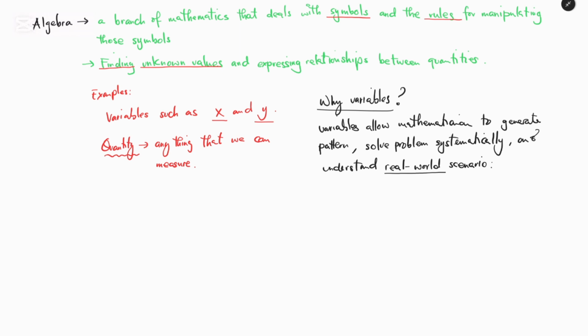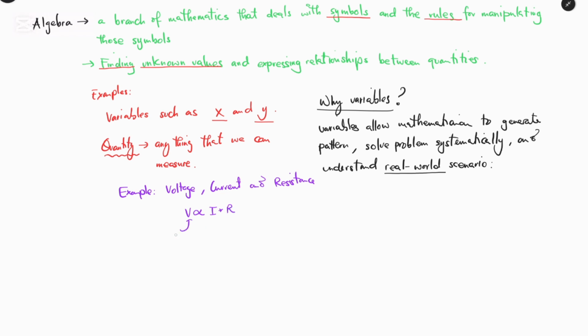We will look at some examples, and from there you would appreciate why we use variables to solve problems. The example we can look at is with respect to a voltage, a current, and the resistance. And we can see the relationship such that the voltage is proportional to the current times the resistance.